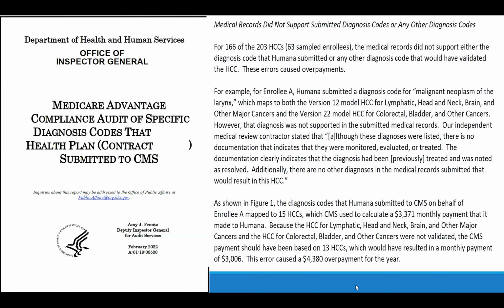So pro fee coders, whether they know it or not, are adding to your marketability and your resume and your value as a coder. So many pro fee coders don't know anything about HCCs, but they're a critical link in the chain.